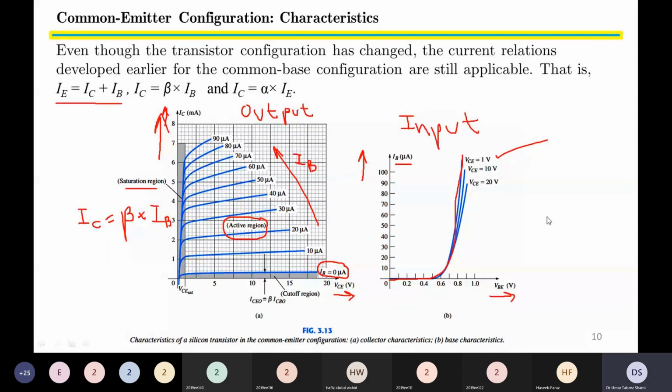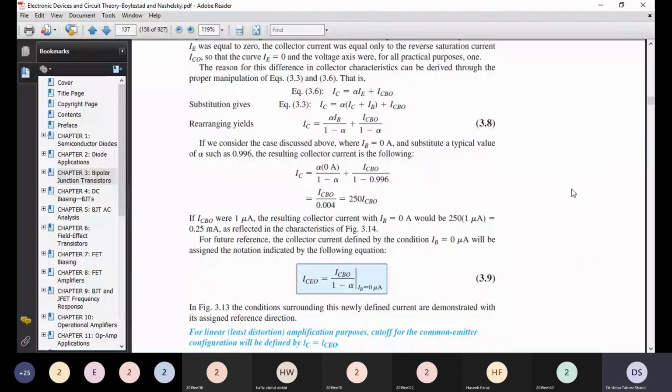And this will explain the reason for different collector characteristics, where we see, for example, in this slide the collector current derivations, equation 3.8 and equation 3.9.